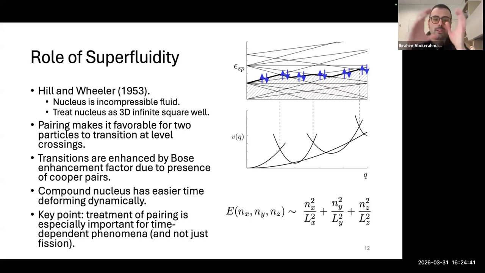So what they say is, the nucleus is an incompressible fluid. As the simplest approximation, let us treat the nucleus as a 3D infinite square well, whose energy levels, minus the factors of h bar and so forth, are included here.